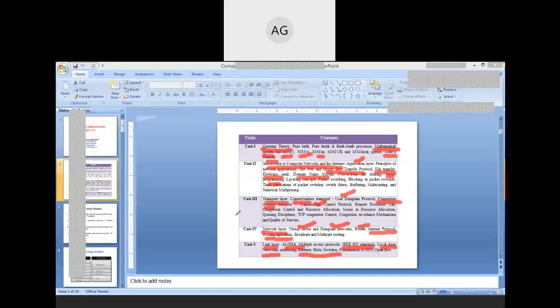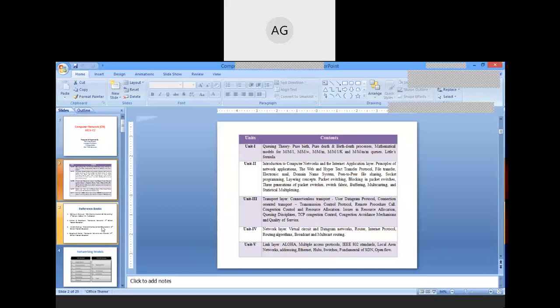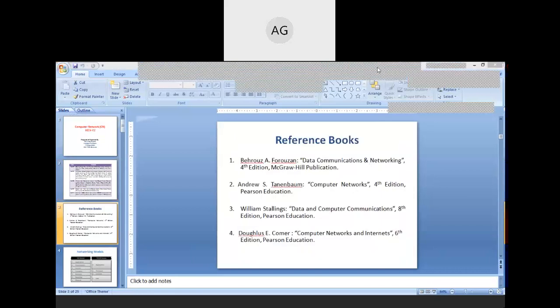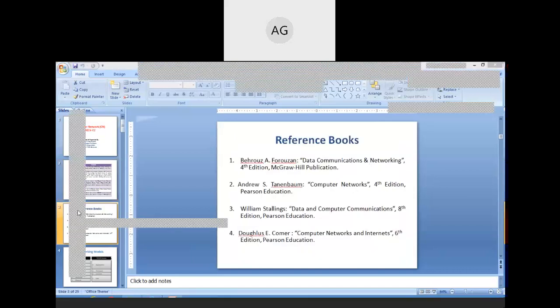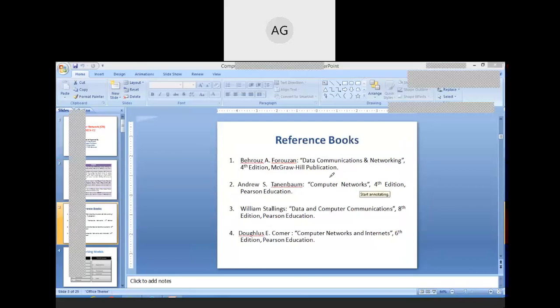So we are going to start with unit 2 because it is the introduction to computer networks. Moving to the next slide, these are some of the reference books related to the subject. The first book is by Behrouz A. Forouzan.